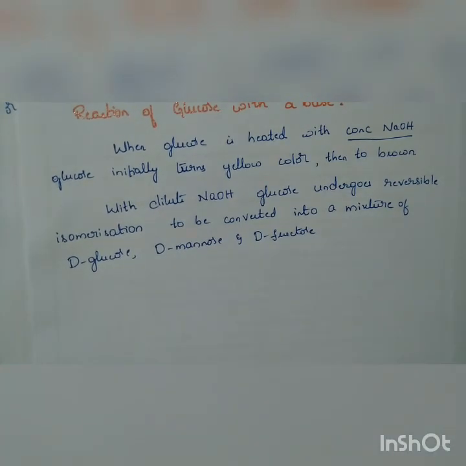So with dilute NaOH, glucose undergoes a reversible isomerization, forming a mixture consisting of glucose, mannose and fructose. They are interconverted with one another.